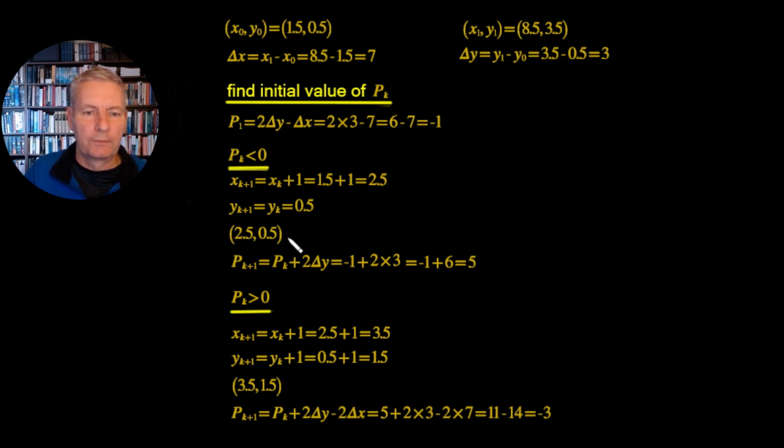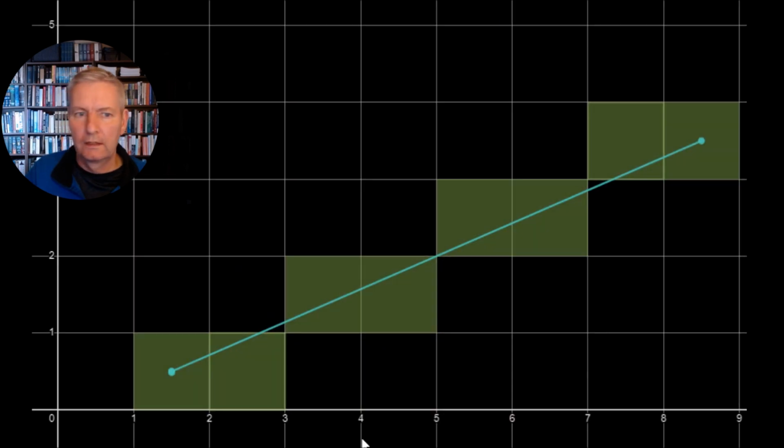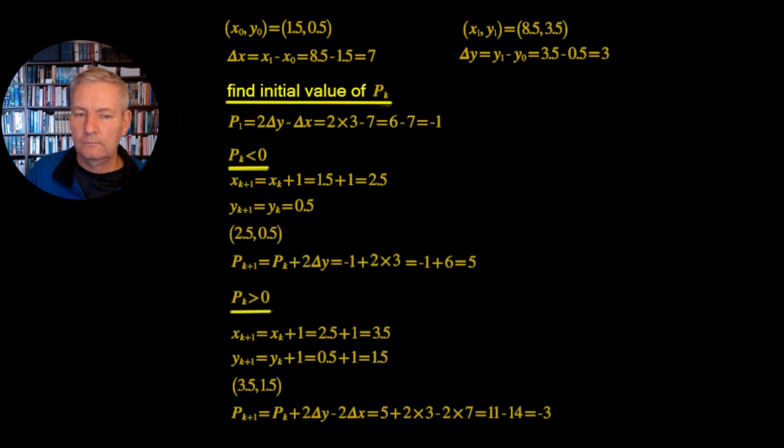So we have our next position here as 2.5, 0.5, and you can see that that is indeed correct. If we have a look in here, you can see the position 2.5, 0.5. So this box has been chosen. So the first one is correct.